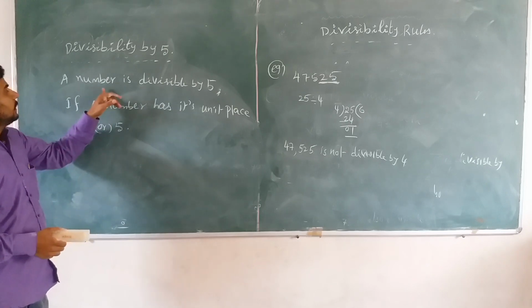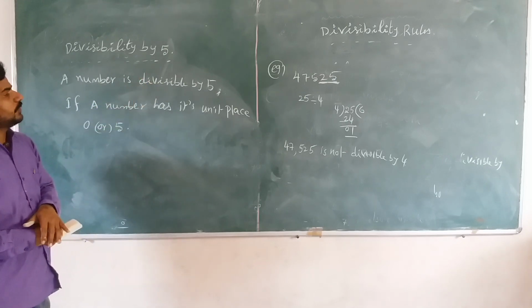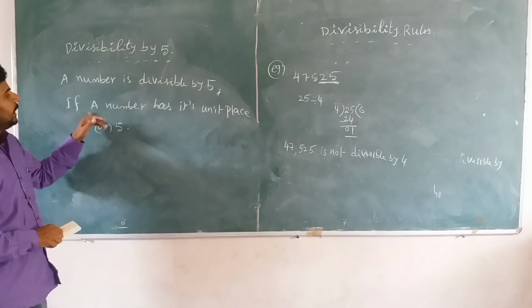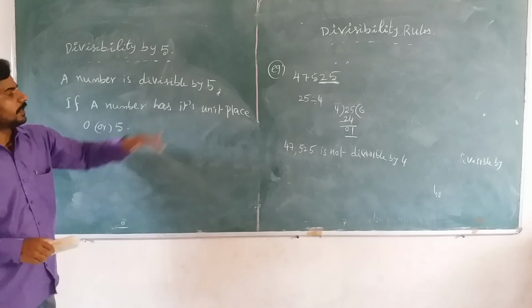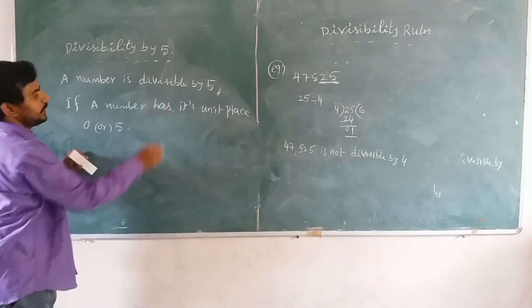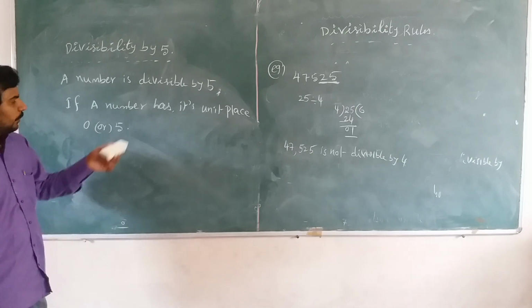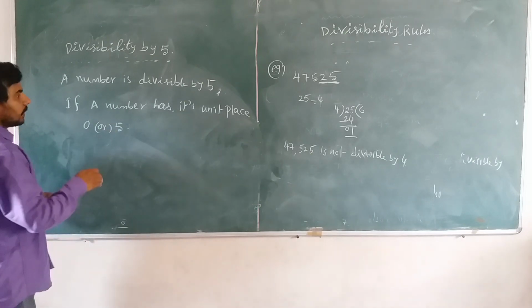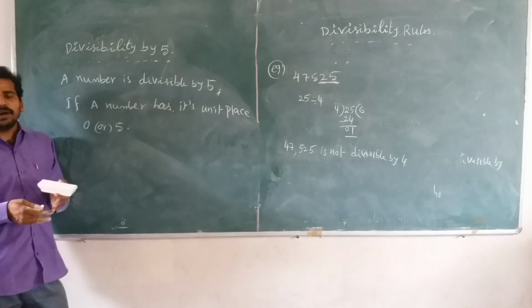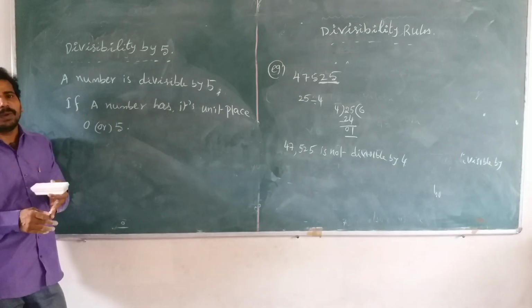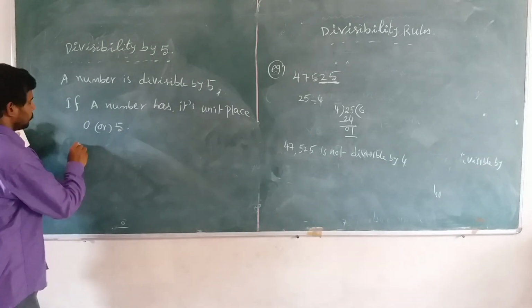Once again, children, a number is divisible by 5 if its unit place is 0 or 5. That means if the unit place is 0 or 5, the number is divisible by 5.